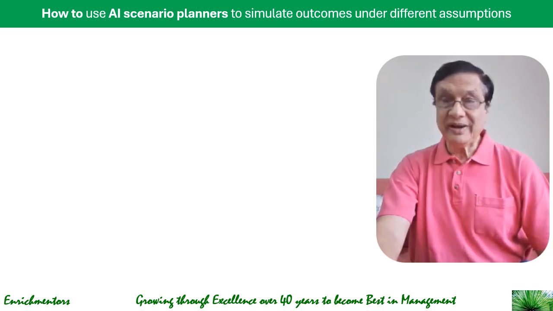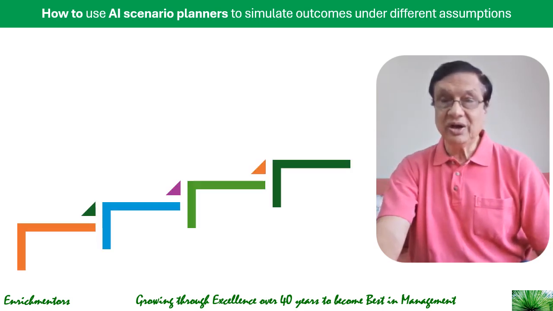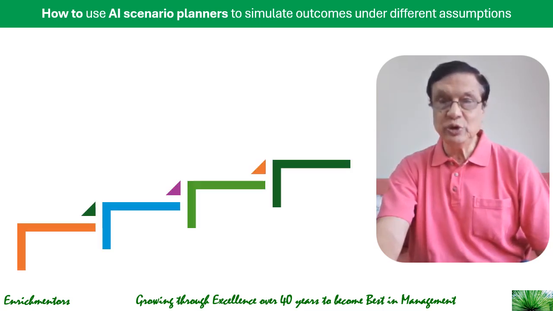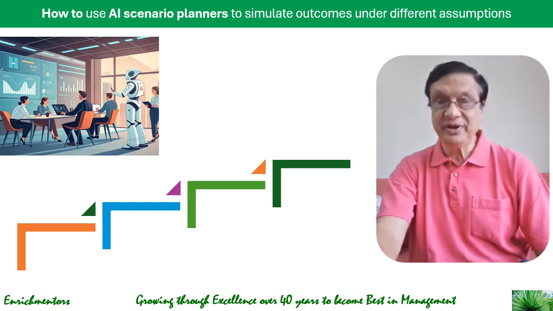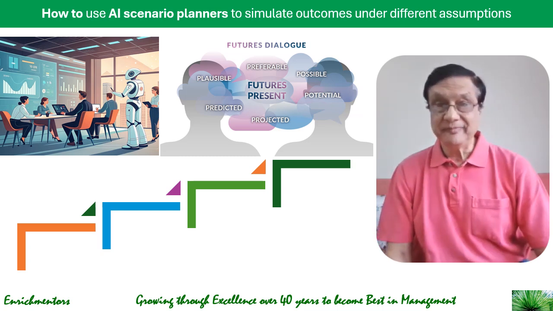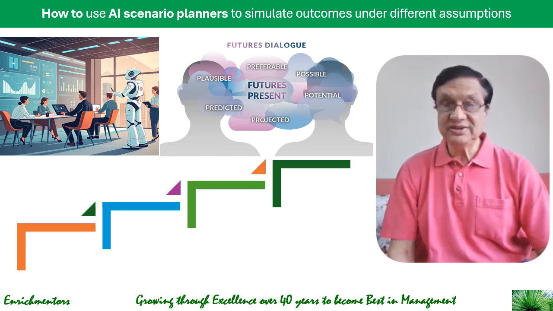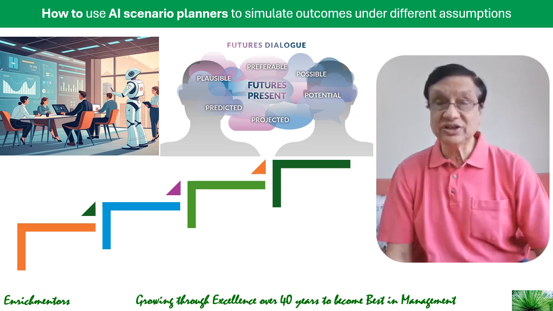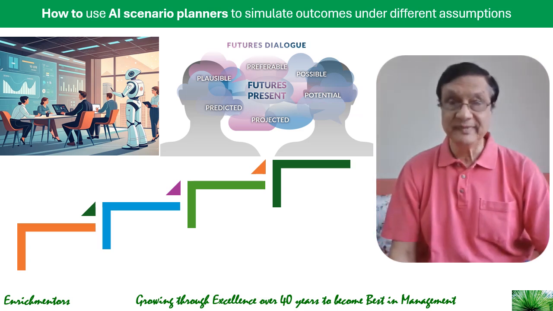Let's take a look at a practical step-by-step guide on how to use AI scenario planning tools like ChatGPT Advanced Data Analysis, Forethought AI, Fathom, and similar systems to simulate different future outcomes under changing assumptions. Remember, different outcomes under changing assumptions, because that's what the future is going to be, really, right?